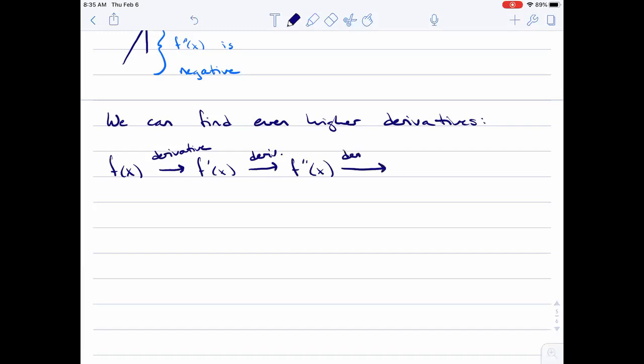Take the derivative of that, I end up at f triple prime of x. Now all these little primes are getting kind of out of hand. And so after the third derivative, what we do is f, and then in brackets 4, of x. And this is after taking the derivative, of course.